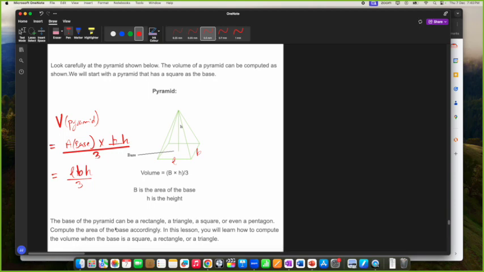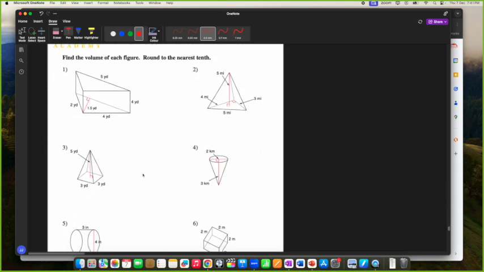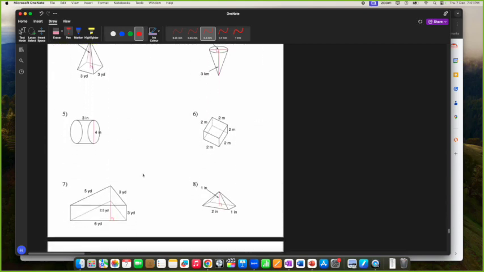And yes, the base of the pyramid can be a rectangle, a triangle, a square, or even a pentagon. It will work once you find the area of the base, multiply it by the perpendicular height, divided by 3. That is the volume of a pyramid. And we have our volume questions here.